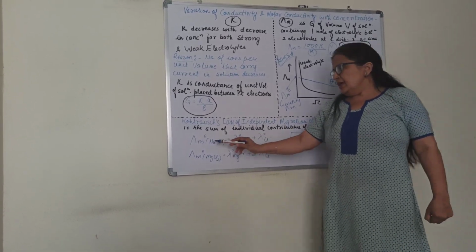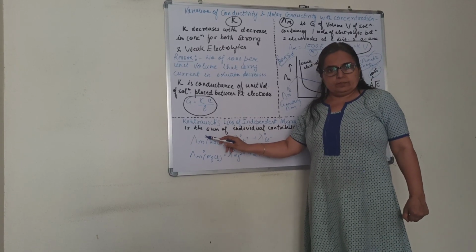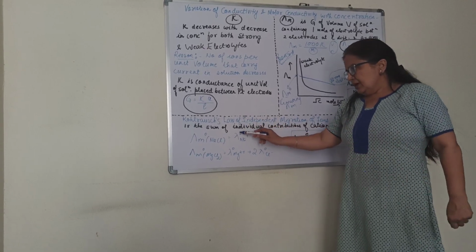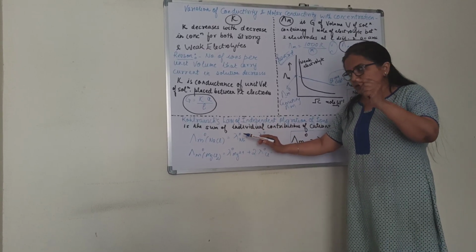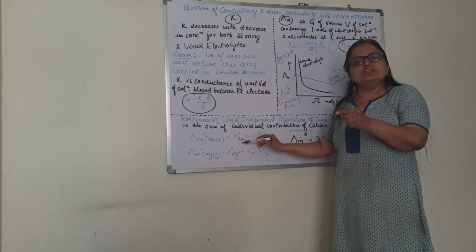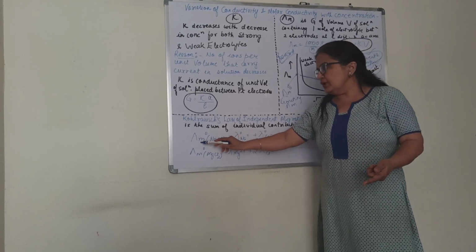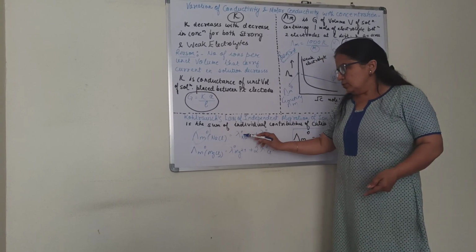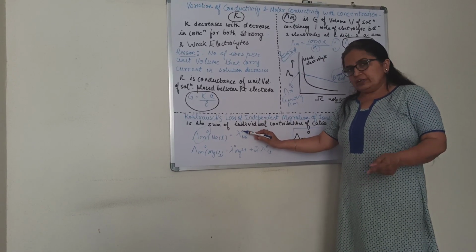For example, lambda m naught for NaCl will be equal to lambda, this is a smaller lambda we are writing with reference to cation. This we are using for the electrolyte. So this is equal to the molar, naught is limiting.